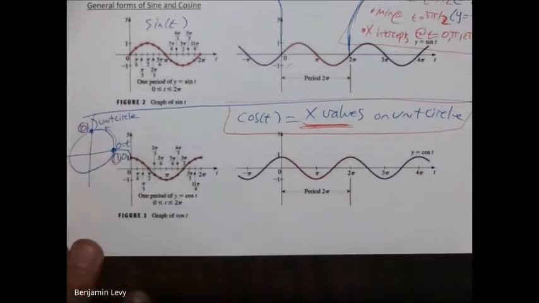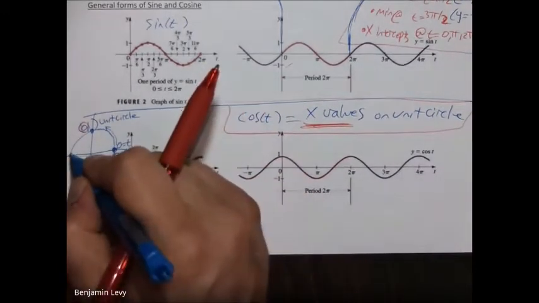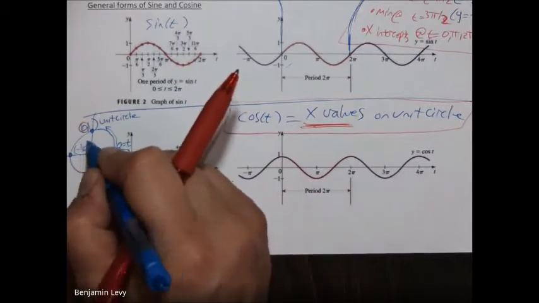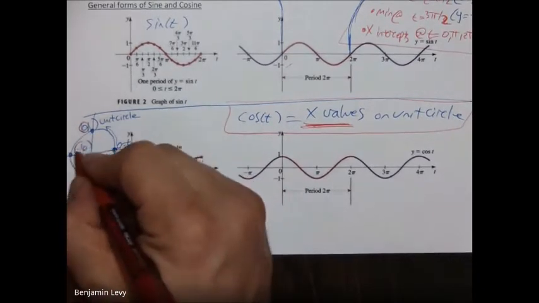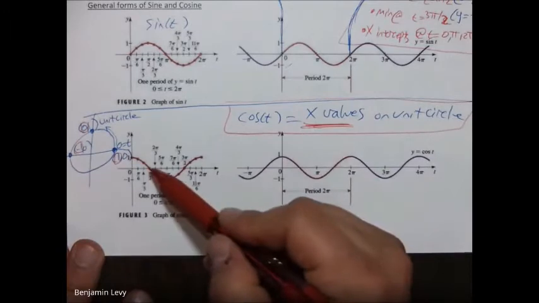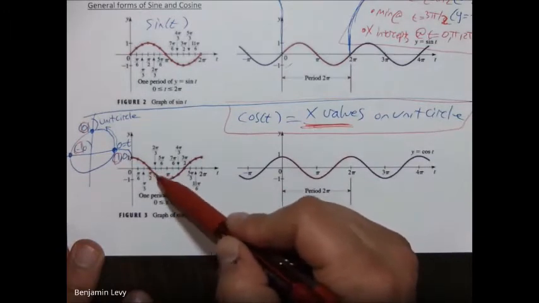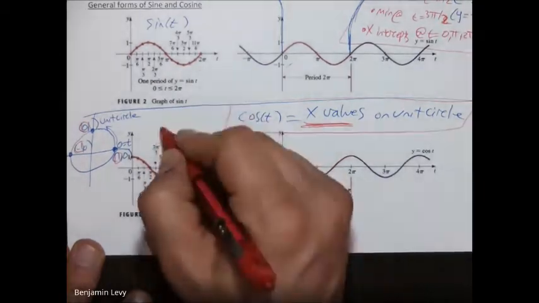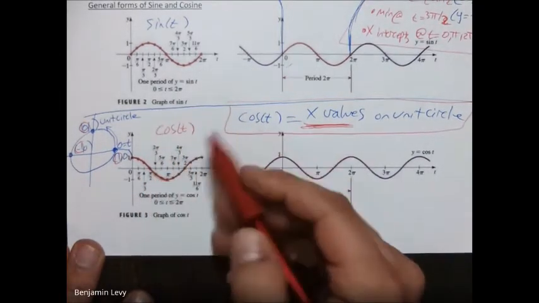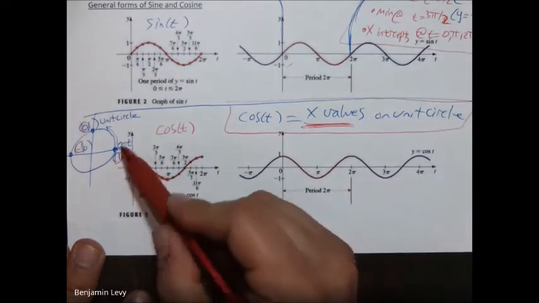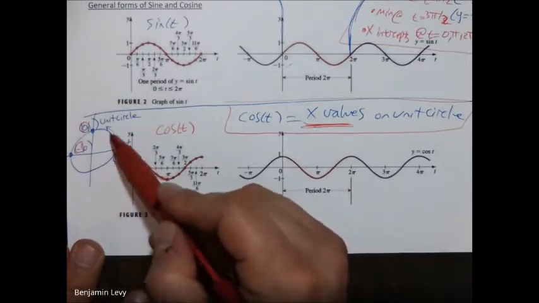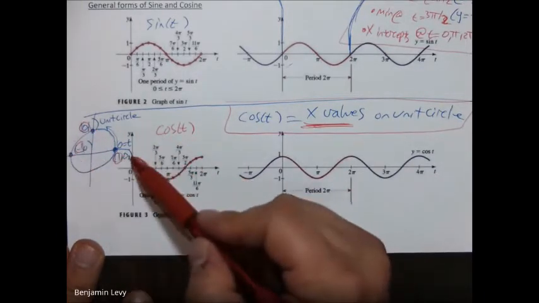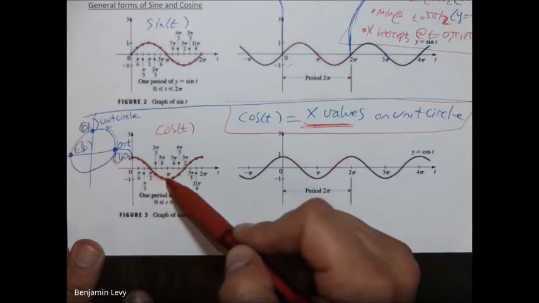When we keep going, the next point right here is minus 1, 0. And so if we're thinking about the x value, it went down to minus 1. So that's why this next piece goes down to minus 1. Right, so this first half of the graph of cosine, just to be clear, this is cosine. We're tracing out the x value on the unit circle. It went from 1 to 0 to minus 1.